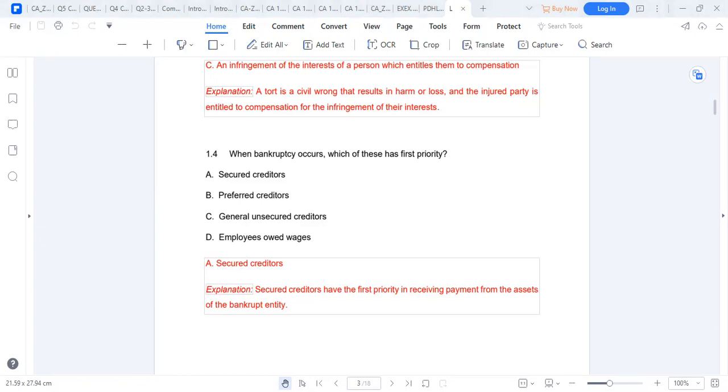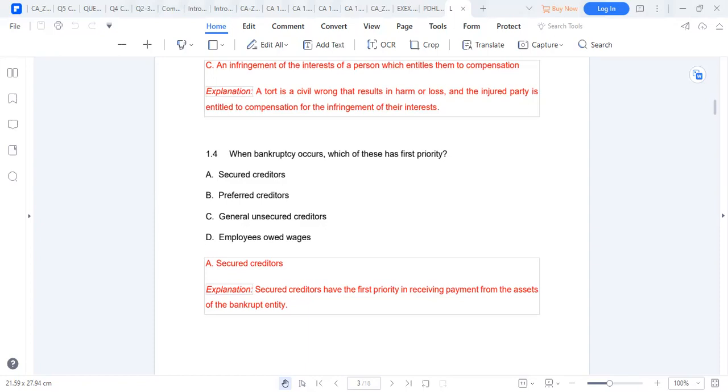When there's a default, secured creditors have the right to seize or sell the collateral to recover. Then we also have preferred creditors. These are a specific class of creditors. In the event of liquidation, they have a higher claim on the debtor's assets than unsecured creditors. They're more preferred than the unsecured. So there's secured and unsecured.